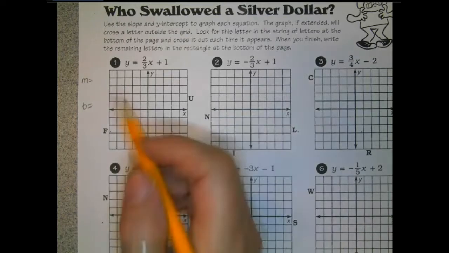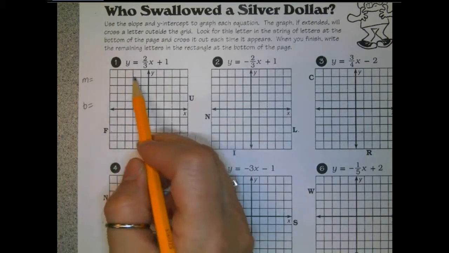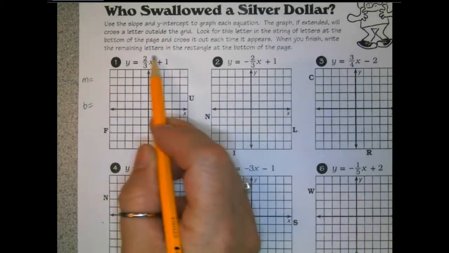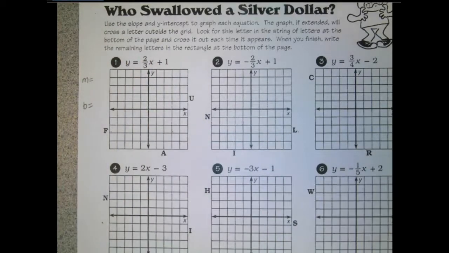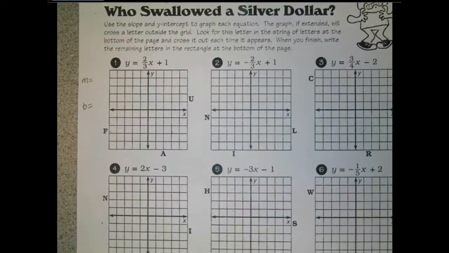Okay, so I'm looking at this equation here. If you have notes that I asked you to write down from yesterday, what would my slope be based on that equation and slope-intercept form? So, you want to give it a shot?